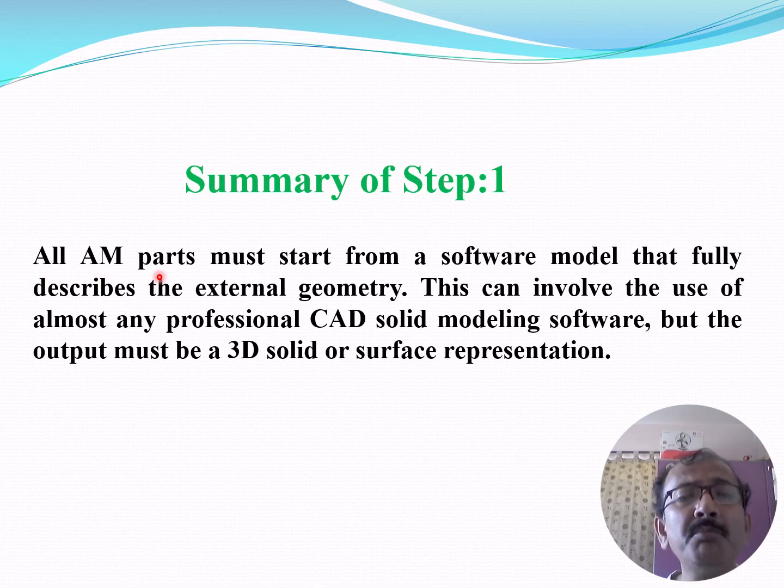All AM parts must start from a software model that fully describes the external geometry. This can involve the use of almost any professional CAD solid modeling software, but the output must be a 3D solid or surface representation. So the output of the CAD system must be a 3D solid and surface representation.